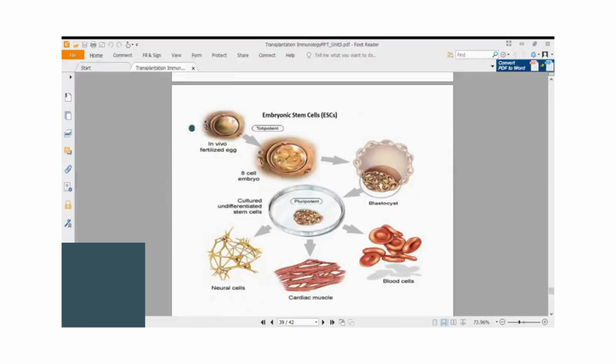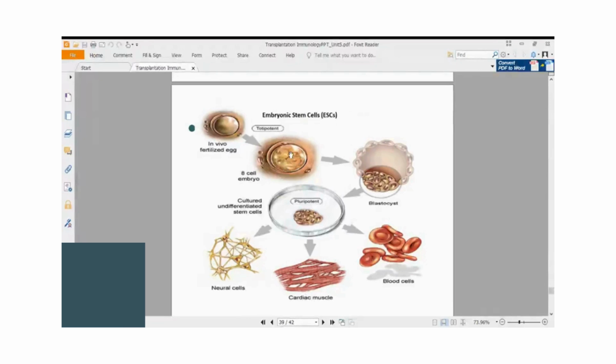Those embryonic stem cells, when you coax them with the required growth factors, can grow into neural cells, which are ectodermal derivatives, and cardiac muscle cells as well as blood cells, which are mesodermal derivatives. That means it is pluripotency.